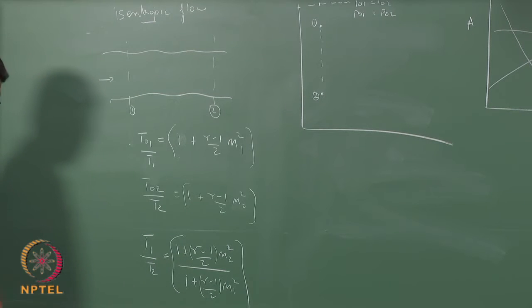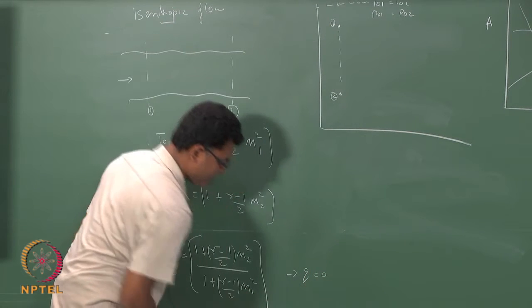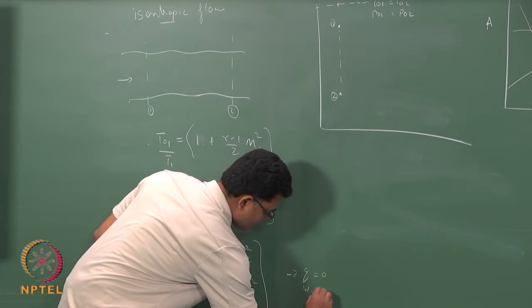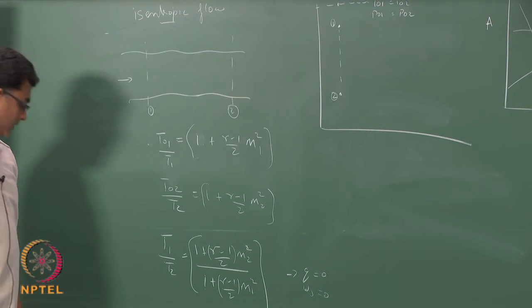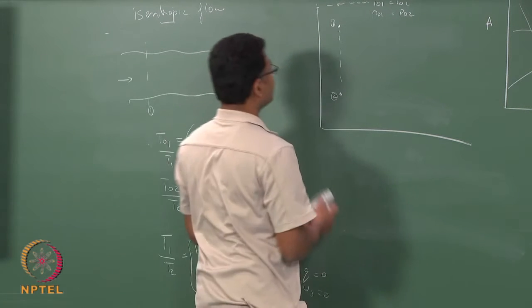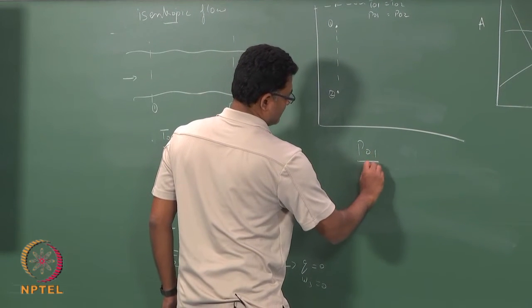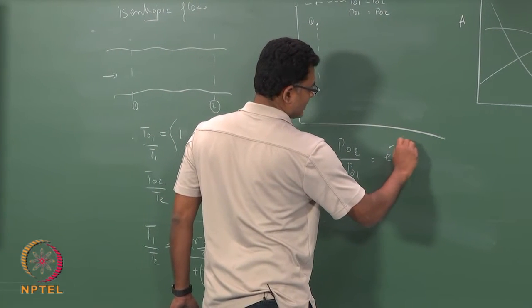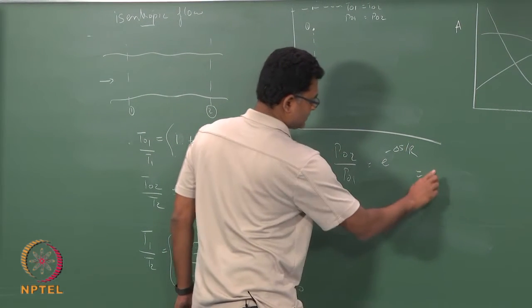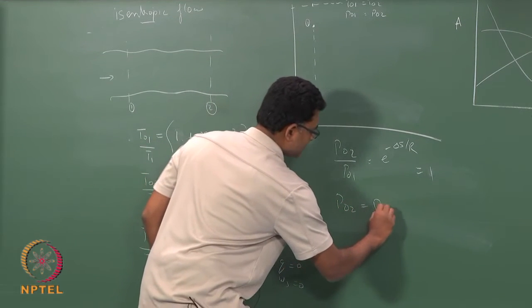Okay. So, this we have assumed Q equals 0, W equals 0. And we have also seen P02 by P01 to be e power minus delta S by R, which is now assumed 1. So, your P02 is same as P01.